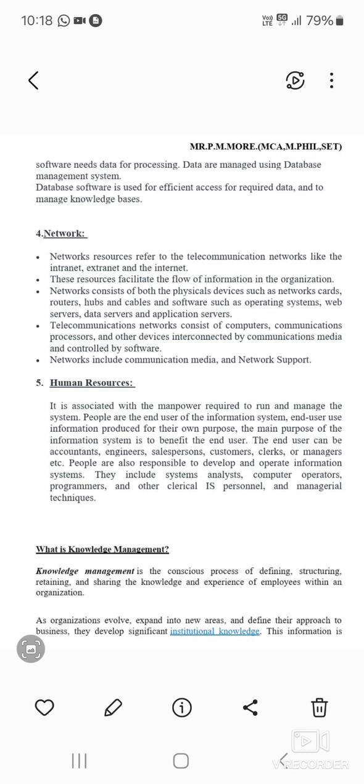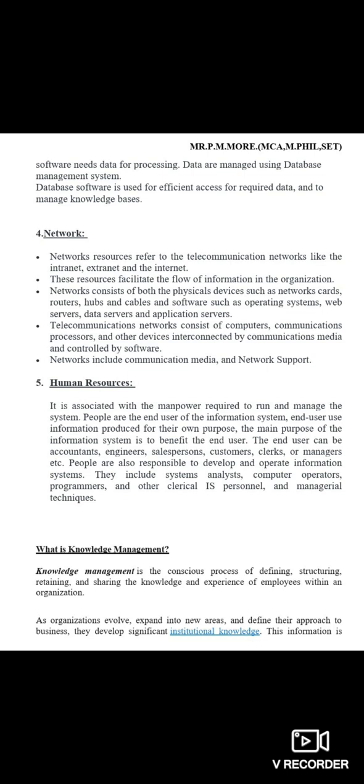Last component, that is human resources. It is associated with the manpower required to run and manage the system. People are the end user of the information system. End user use information produced for their own purpose. The main purpose of the information system is to benefit the end user.